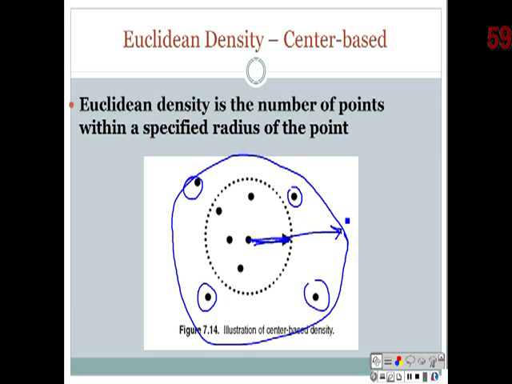You may start with a smaller radius, and you end up with a lot of clusters. As a hierarchy, you start with the smallest radius, where each point is considered one cluster: 1, 2, 3, 5, 6, 7, 8, 9 points in this case. Then you say, okay, if the distance between two points is equal to this specific amount, let's merge them.